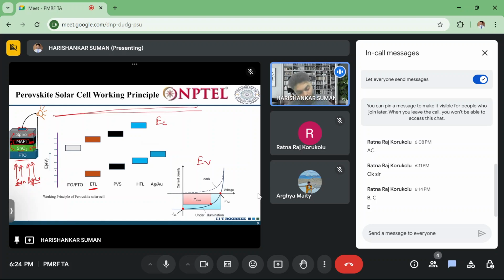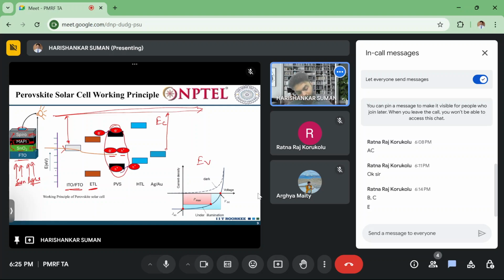With respect to the vacuum, this is the work function. Let's see, sunlight is coming from the FTO or ITO side. Then this is our perovskite, the exciton is excited, then the electron hole pair is generated, with the electron in the conduction band and the hole in the valence band.